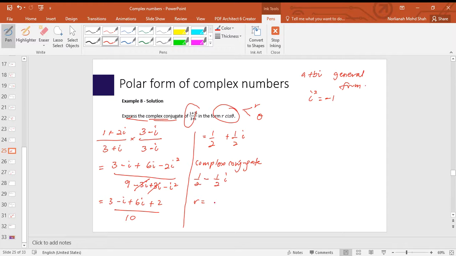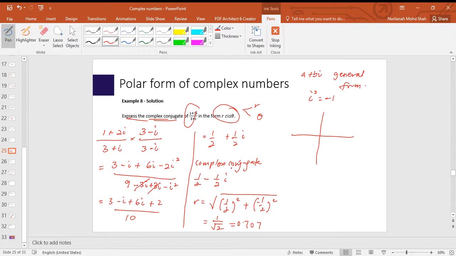For r, we take a, which is 1 over 2, squared, and b, which is negative 1 over 2, squared. So the r value is 1 over square root of 2, or you can write your final answer in decimal form, which is 0.707.